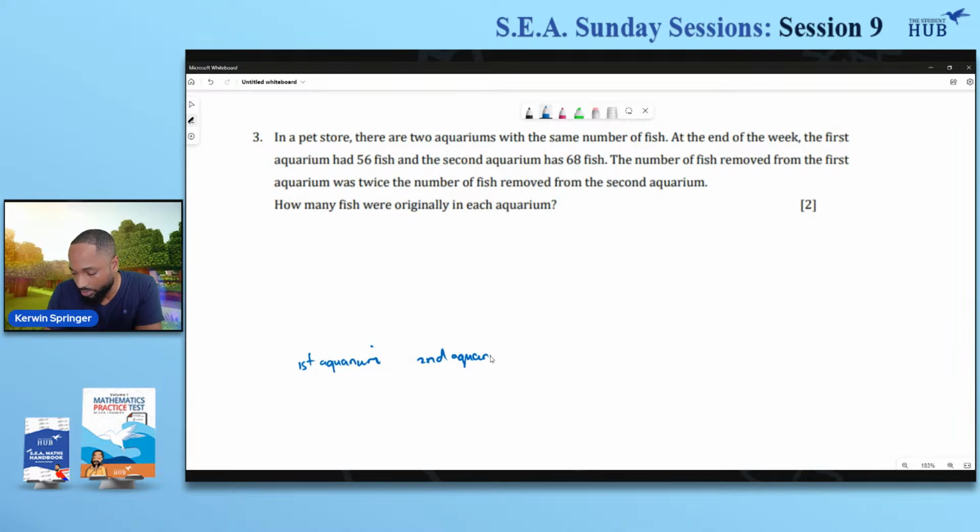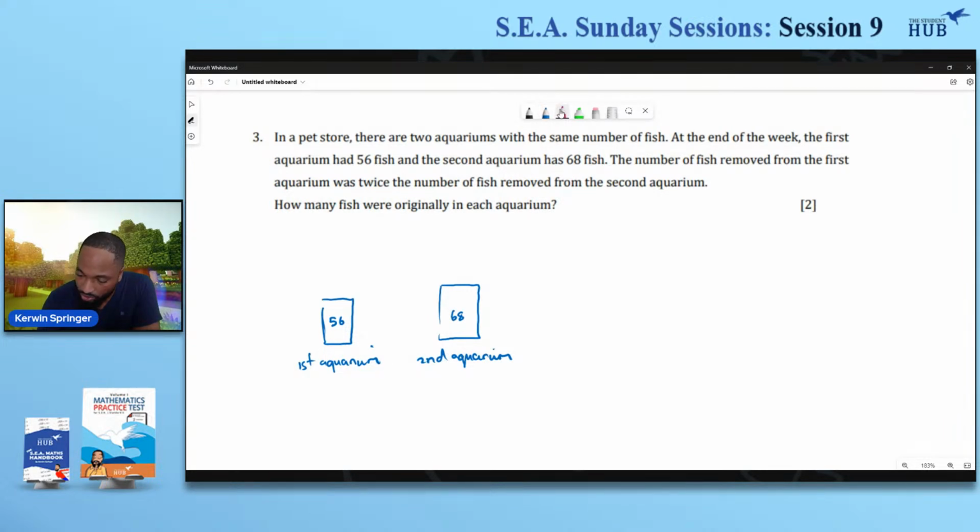What they are telling me is that at the ending of the week, I have 56 in this aquarium, and 68 in this aquarium, a little higher. But the number of fish removed from the first aquarium was twice the number of fish removed from the second.